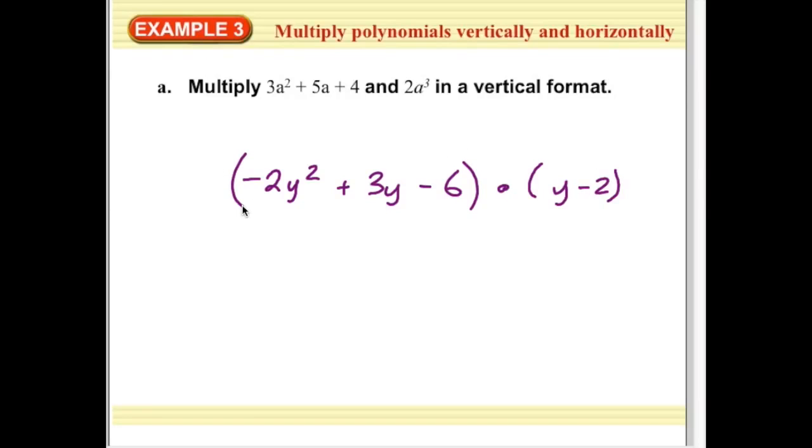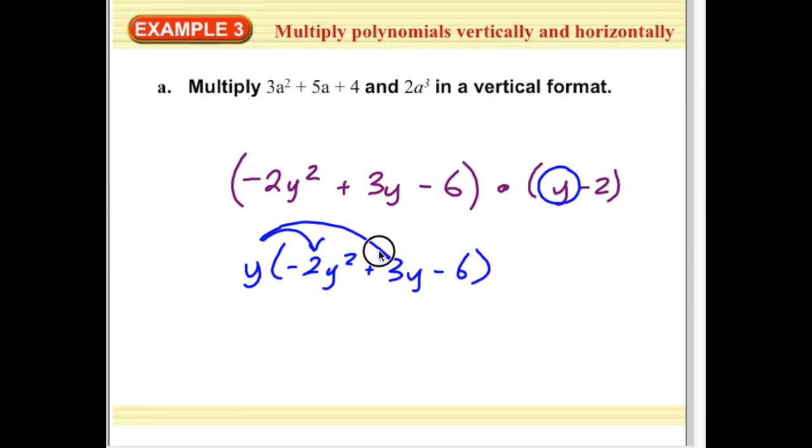Now when I'm multiplying polynomials, I just have to multiply by each term independently and then add. So the first thing I'm going to do is multiply by my y. So y times negative 2y squared plus 3y minus 6. I distribute all the way through when I multiply by y like that.